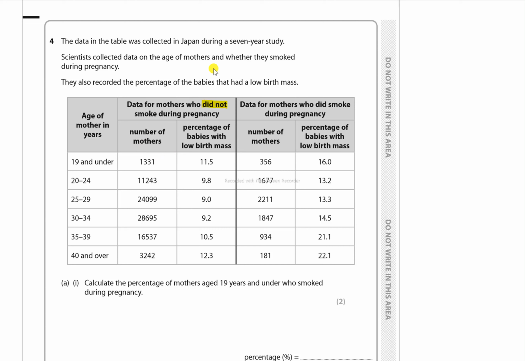Who did not smoke and who did smoke. Those who did not smoke, percentage with low, so 11%, and it changes by age, and smokers generally higher. Okay, there you go.